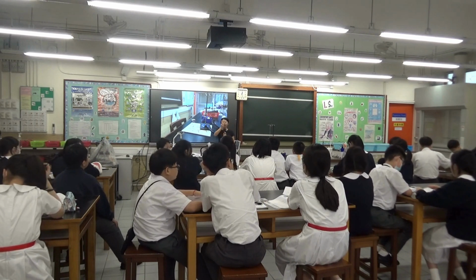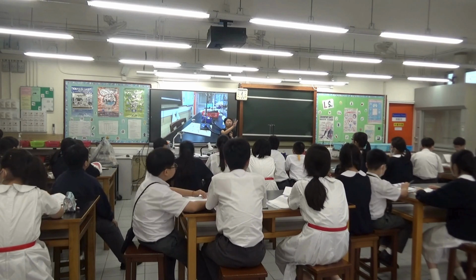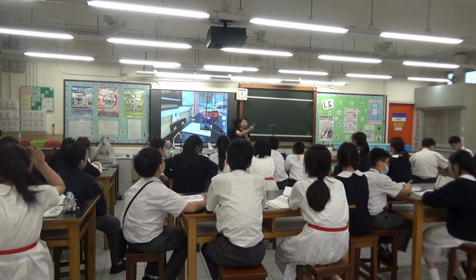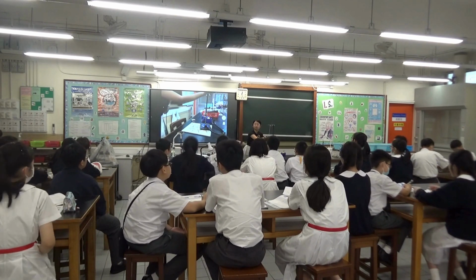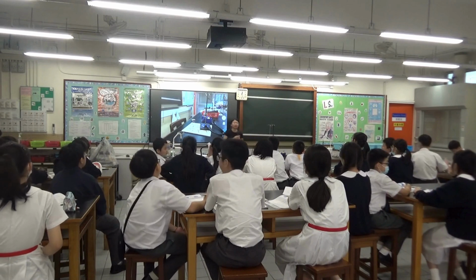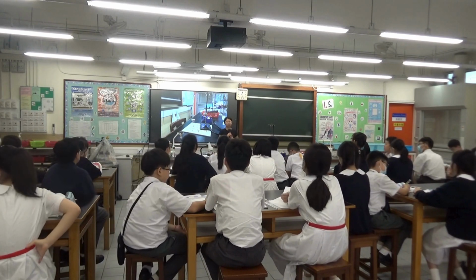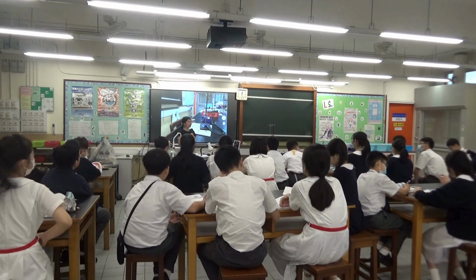Chemical energy of town gas converts to thermal energy, converts to kinetic energy of air, converts to kinetic energy of the metal spiral. Yes, that's correct. Anybody doesn't know this answer or haven't copied it down? I can repeat it once, or I can tell somebody else to repeat it as well.